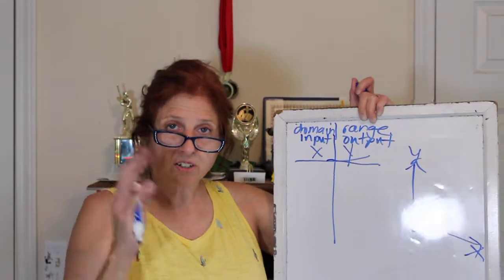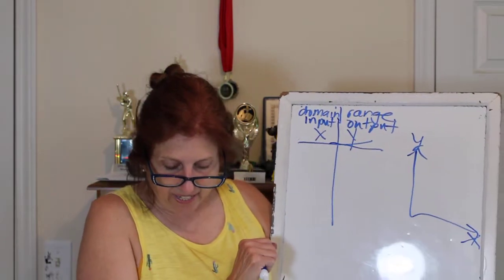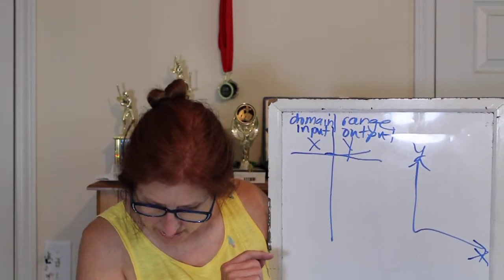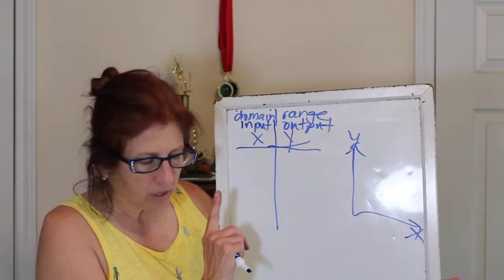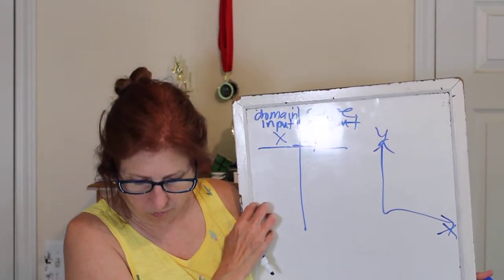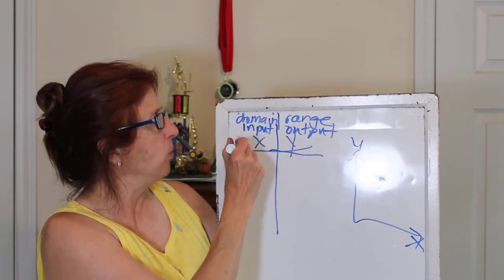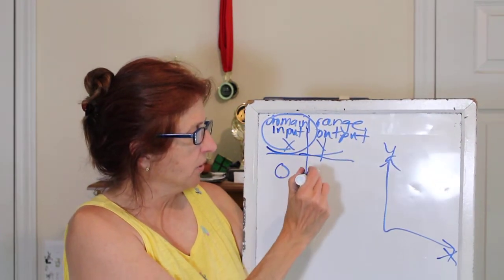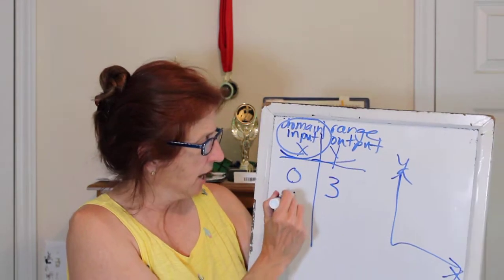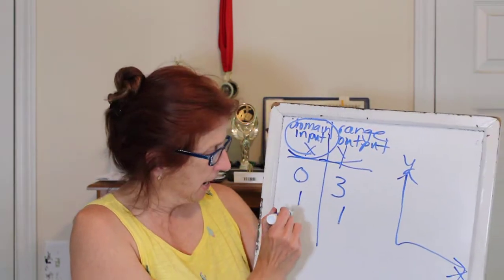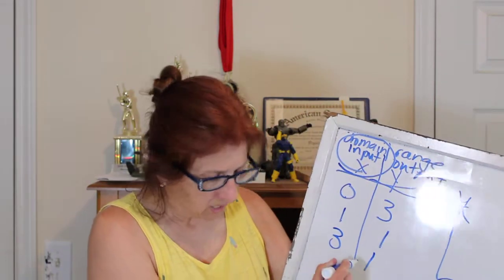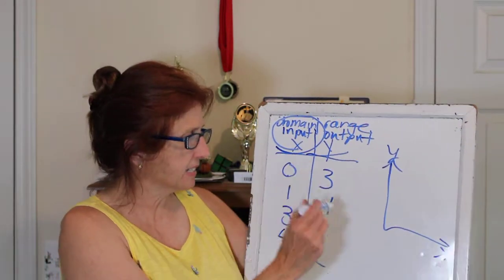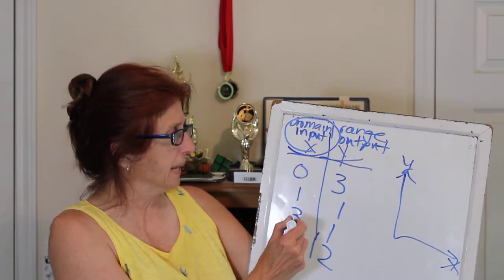Now, the first thing you're going to learn about functions is that it's only allowed to be a function if there are no repeats in the input. So if I have 0 and 3, and 1 and 1, and 3 and 1, and 4 and 2 as my data, this data is a function because there are no repeats in the inputs.